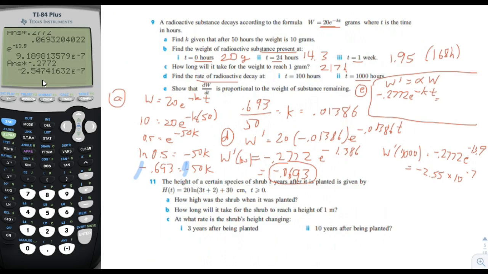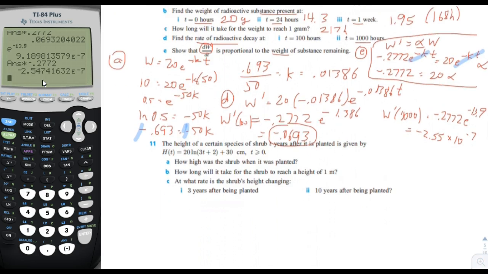And we're saying, hey, that's proportional to 20 e to the minus kt. So then we just put an alpha there. It's just a constant saying it's proportional. And so we can see that the e to the minus kt's cancel out, and what we end up with is that negative 0.2772 is equal to 20 alpha. So alpha is a constant, and yeah, that's fine. So yes, we have shown that W dash is proportional to W.